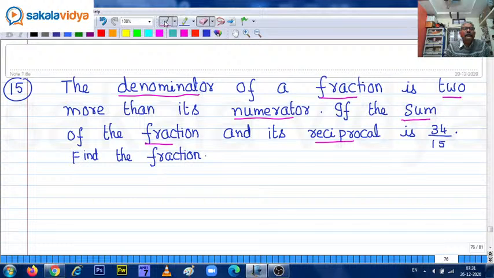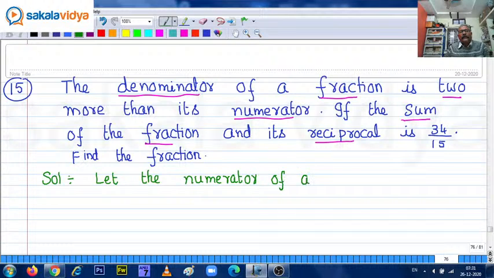Okay. So let us implement our plan now. Let the numerator of a fraction be x.